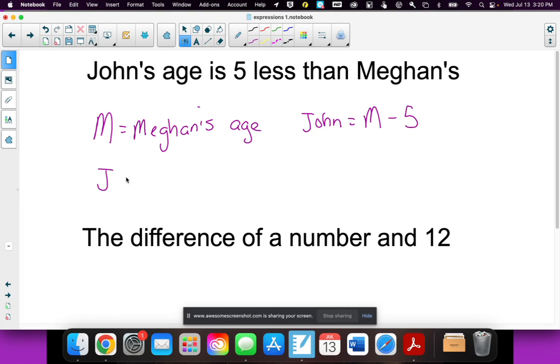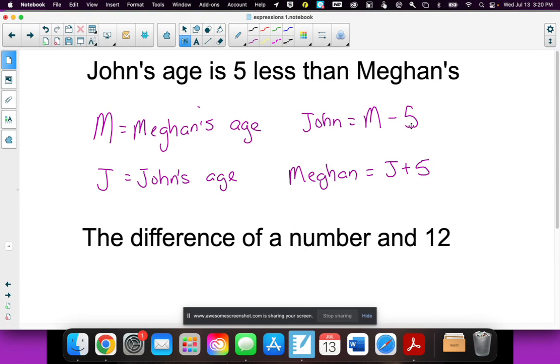If you pick J for John's age, well, that makes a totally different statement, right? Because if John's 5 years less than Megan, then Megan is 5 years older than John. So you would end up with an expression like that. So stating what your variable means, and we're going to do this a lot more as we start solving equations, you have to state what your variable stands for because it makes a very big difference on how your expression turns out, right?